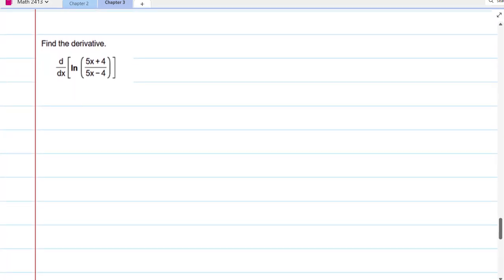A little bit of math. Okay, on this one, they're telling us to take the derivative of this function. And inside we have the quotient rule. All right, so we're going to say d/dx equals 1 over this mess.